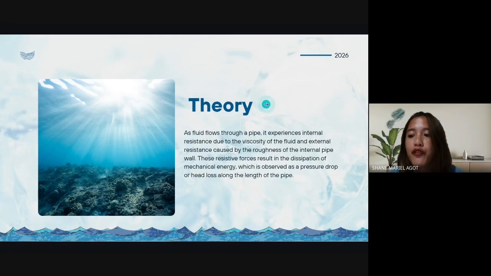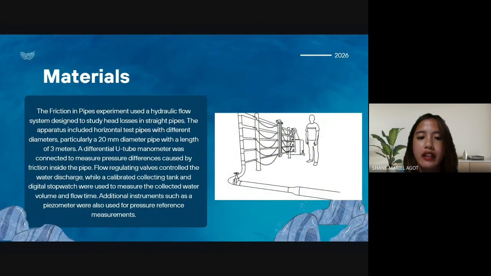To move forward, here are our materials. For these experiments, we used a hydraulic flow system to study friction losses in pipes. The setup included several test pipes, particularly a 20 millimeter pipe with a length of 3 meters.